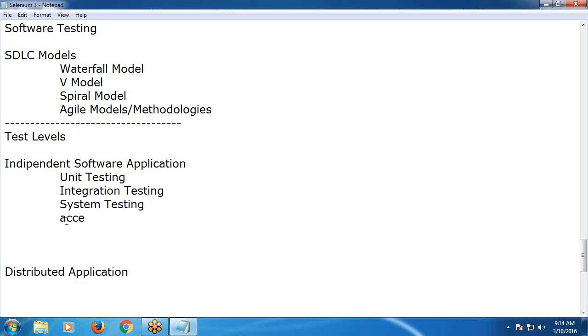User acceptance testing is one of the subsets of acceptance testing.